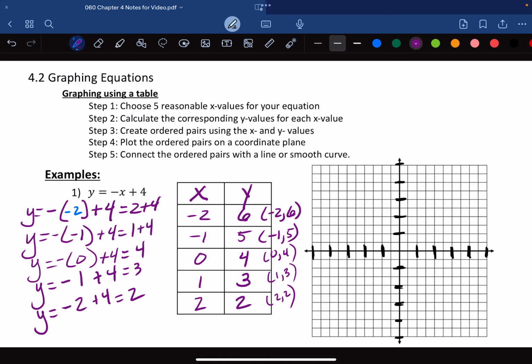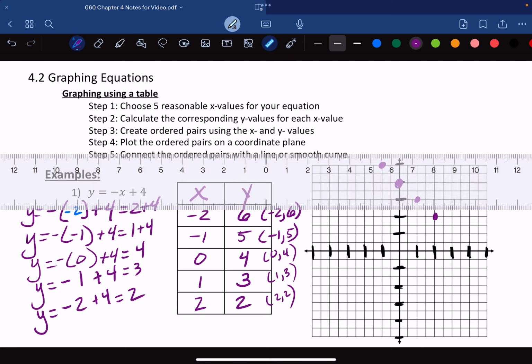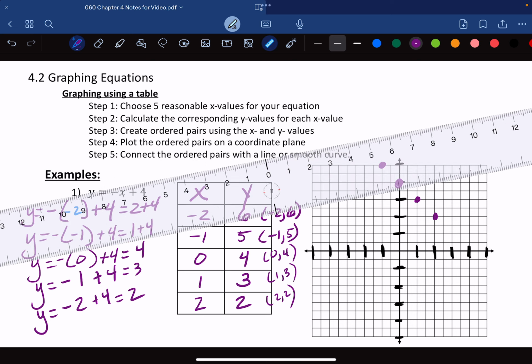So -1 and 5, 0, 4, 1, 3, 2, 2. And that looks like a line to me. Here's where I suggest pulling out a ruler and creating our straight line.